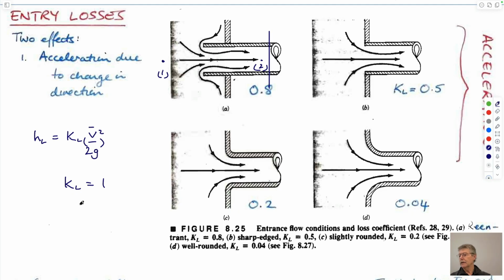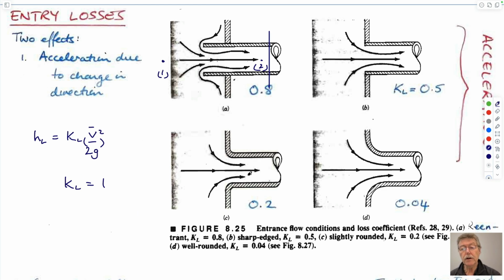It's going from some big velocity here, v squared, stopping at a wall, and the magnitude equivalent loss coefficient would be a 1. And so where it's a nice gentle acceleration into this pipe, it's not a very big number. Where it's a really dramatic acceleration into the pipe by a nasty geometry, it's a relatively large number. You see all these numbers are bounded by 0 and 1, kind of fitting with this idea.